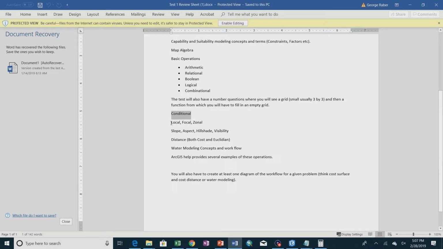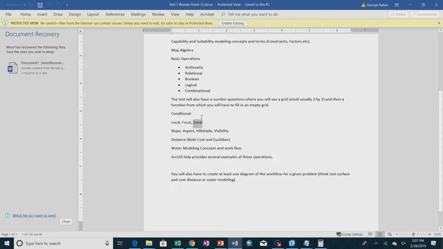All right, you should know and be able to identify what type a particular operation is. Is it local, focal, or zonal? It seems like there's still some confusion here, like what a focal operation is and what a zonal operation is. Particularly, when would I use a zonal operation?